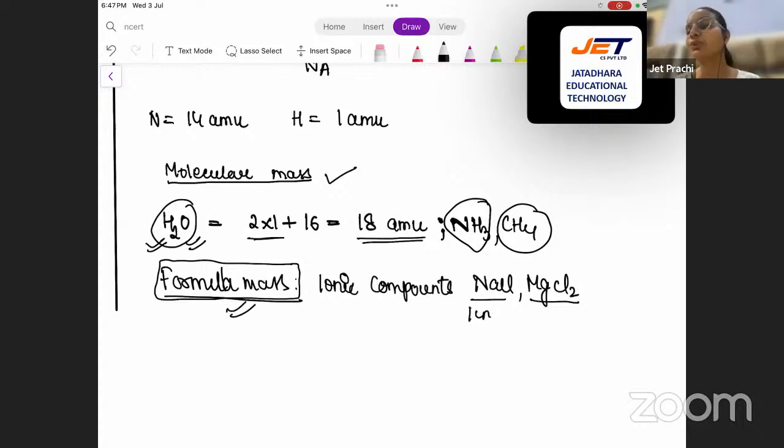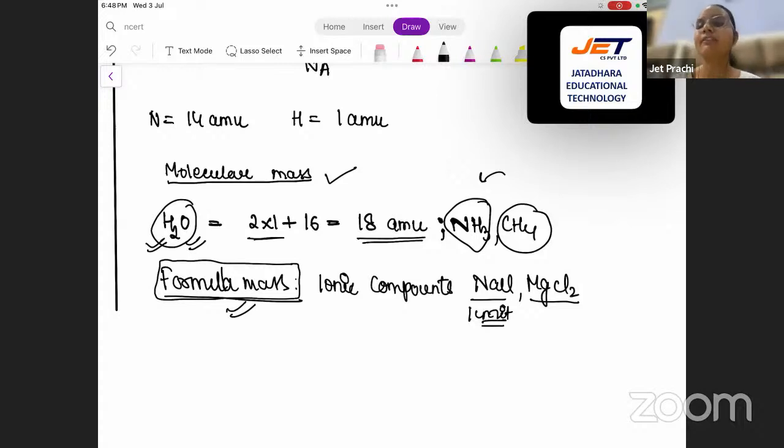Because NaCl can't be said to be a molecule. It's an ionic compound, and how the ions arrange in space is very different from when we form compounds by covalent bonding. So in ionic compounds, the structures are different, and in covalent compounds, the bonding is different.